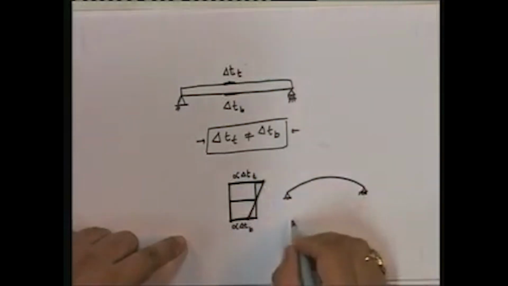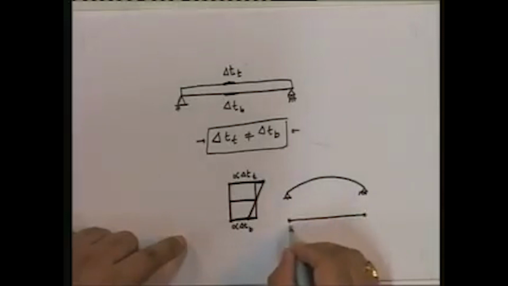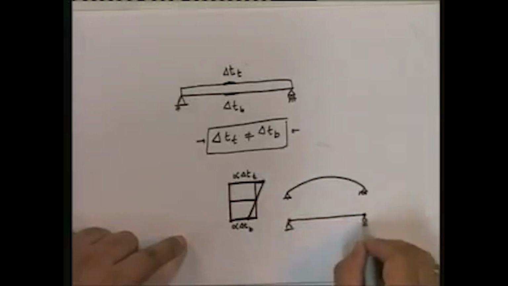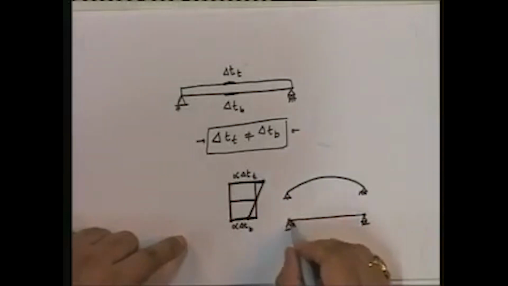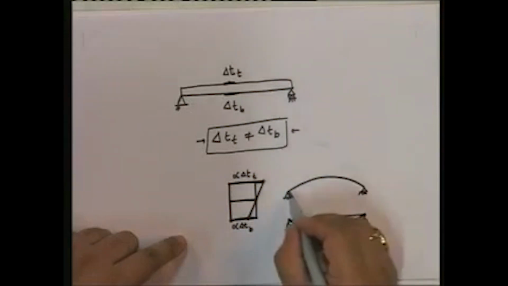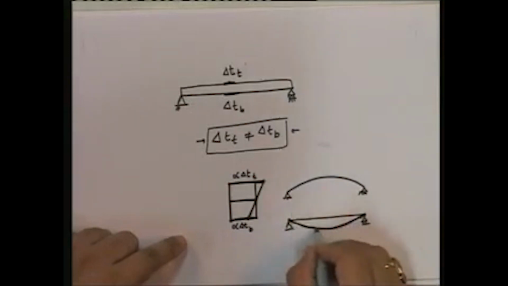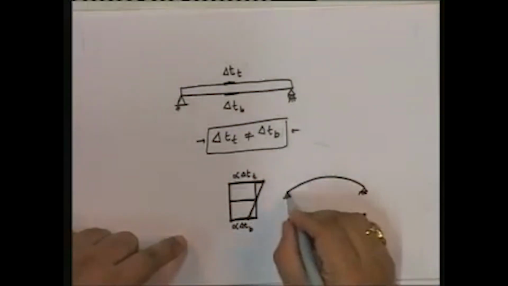If the inside temperature was higher than the outside temperature, then the member would deform in this fashion.